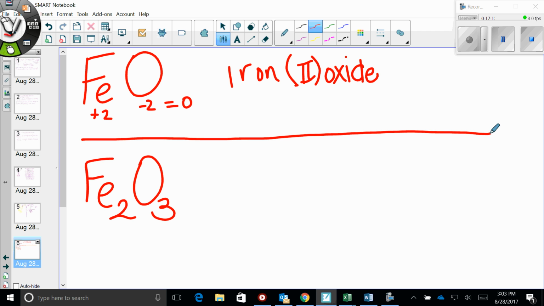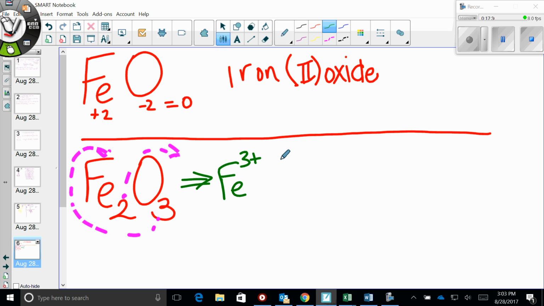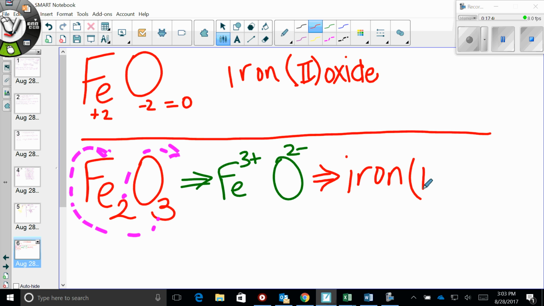On this one, I can undo the crisscross, moving the 2 up here and the 3 over there, turning this into Fe3+ O2-, which gives me iron 3 oxide.